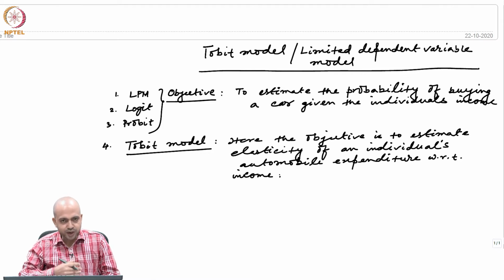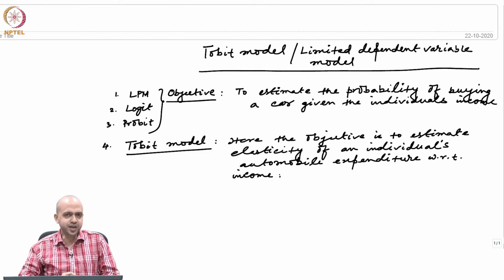Now, if this is my objective, then when you go and survey and ask people what their expenditure on automobiles is, some individuals will say 5 lakhs, 7 lakhs, 10 lakhs, 15 lakhs, 20 lakhs, 1 crore, and then you will note down their income also. But there would be some households who will say I have no car actually.